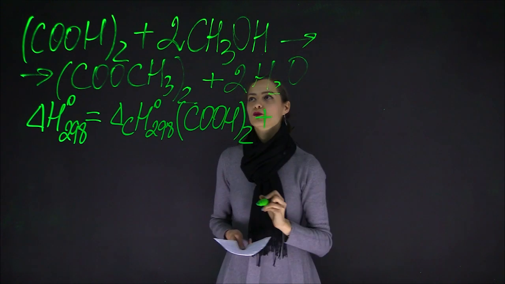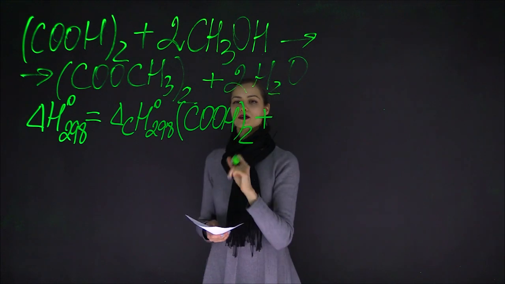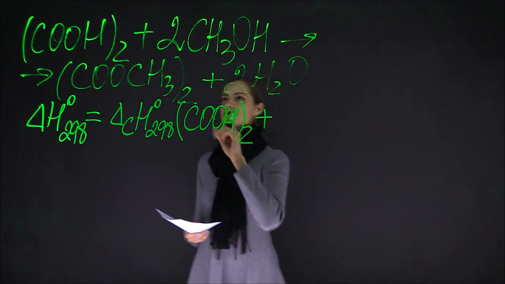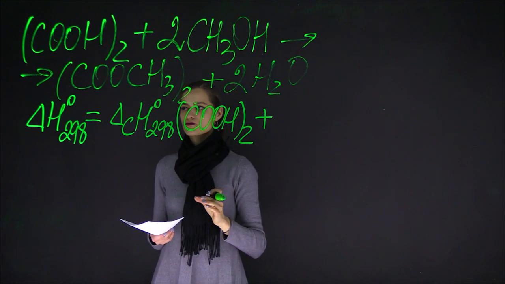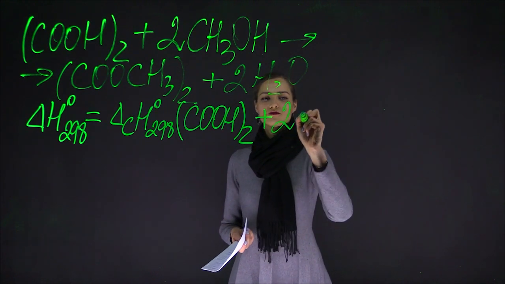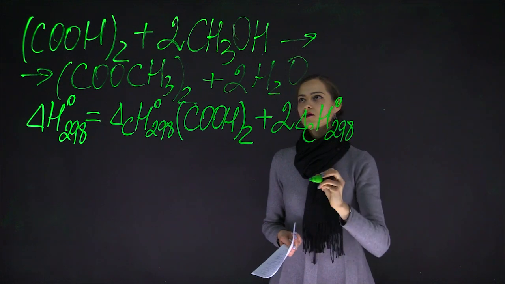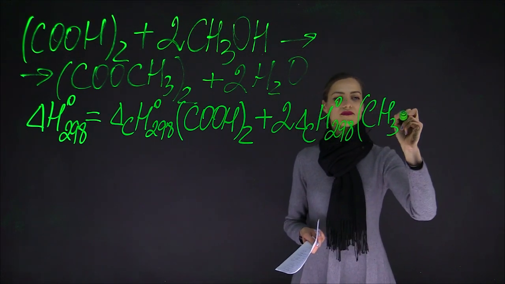Then we need to sum standard heat of combustion for alcohol, but once again, keep in mind that we need to use exact numbers of moles for our substance. So 2 standard heat of combustion for this alcohol, CH3OH.